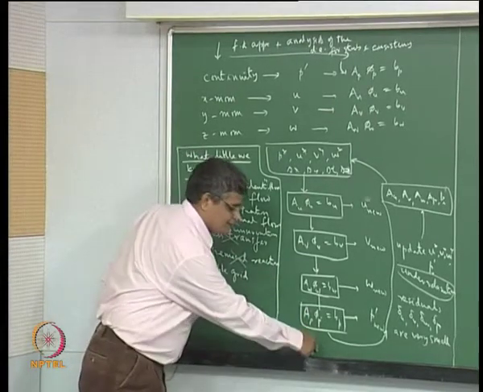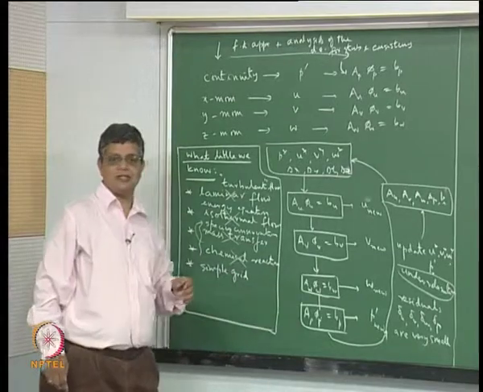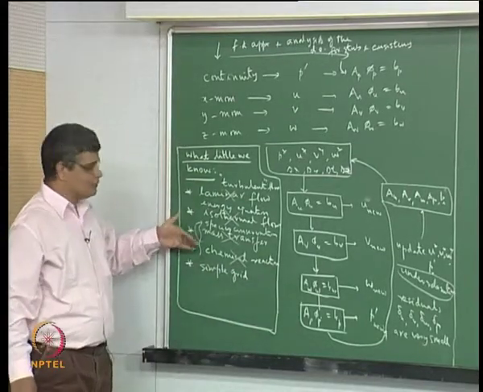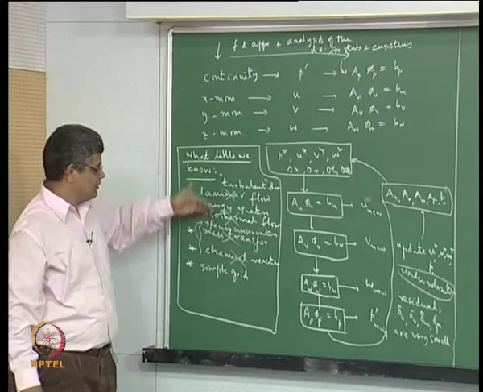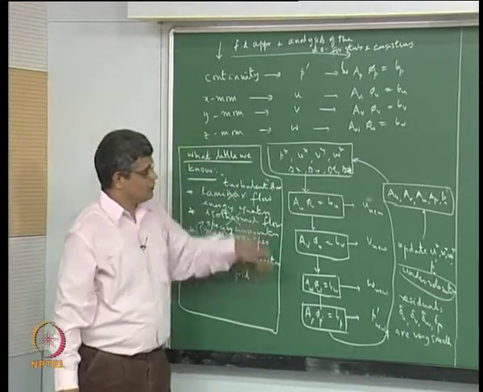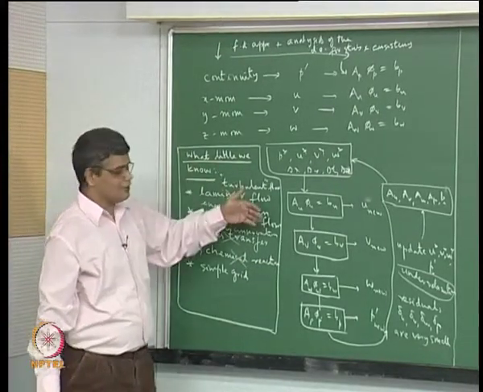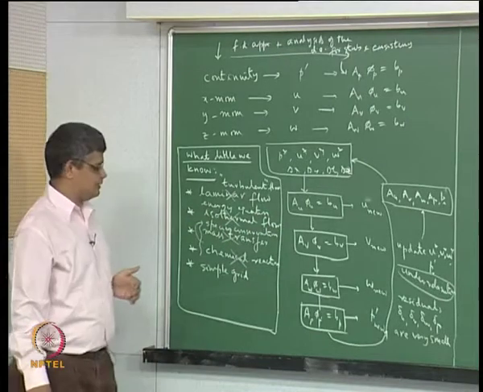We may have another, A phi s equal to B s, where s is the species conservation equation. So it is because of the facility with which we can tackle all these extra things within this overall CFD solution method that we need to understand how it can be done and then really incorporate this.